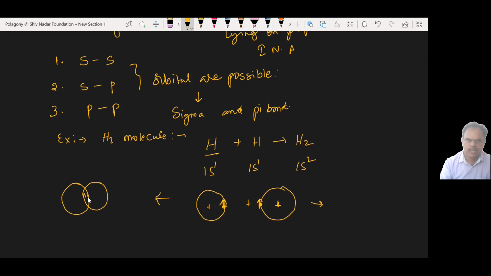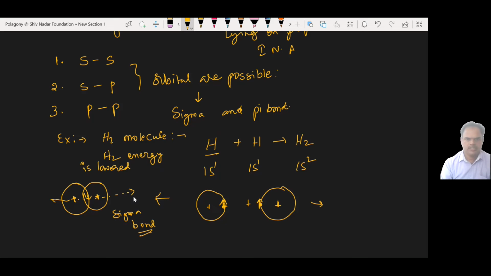As a result, these unpaired electrons are paired and their energy is lowered, so the energy of the H2 molecule is lowered. Here is the nucleus of one atom, and here is the nucleus of the other. This one electron pair, formed due to the overlap of two s orbitals lying on the internuclear axis at equidistant superposition, forms the H2 molecule by combining two s orbitals, resulting in a sigma bond.